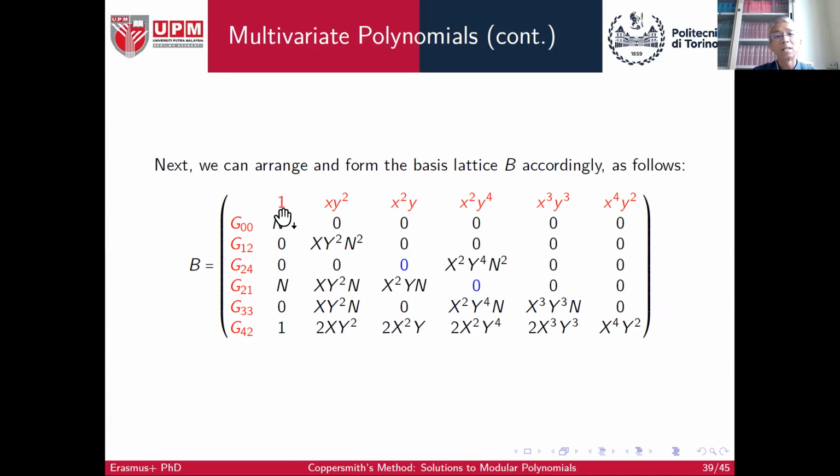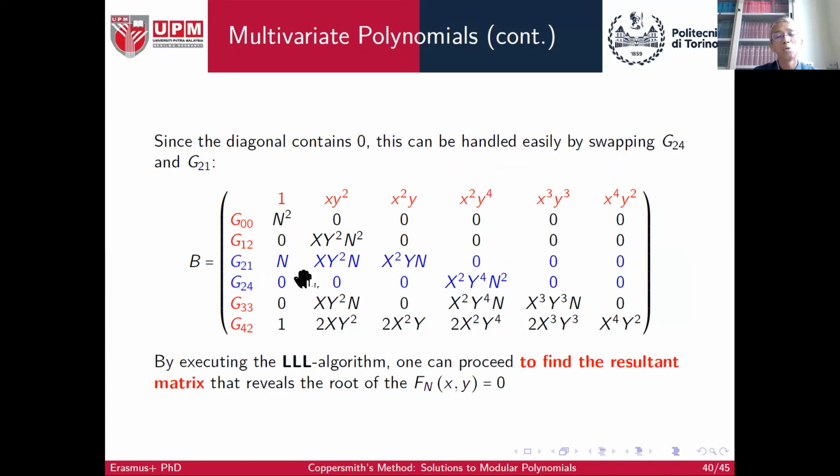So if we have a 0 on the diagonal, then we basically just swap these two rows to make it non-zero. And having the upper triangular all zeros, we can find the determinant easily, and also we can run the algorithm and find the resultant matrix that will reveal the roots.